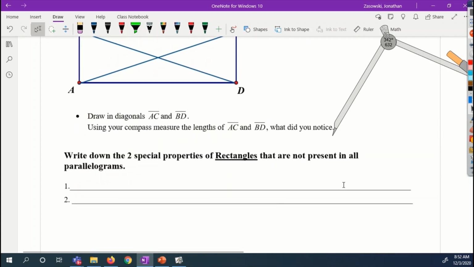All right, so the two properties of a rectangle that not all parallelograms have are that all angles are right angles, essentially. Okay, so we have 90-degree angles, and that the diagonals are congruent.